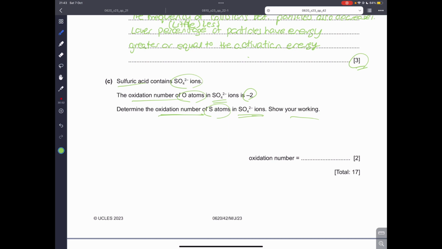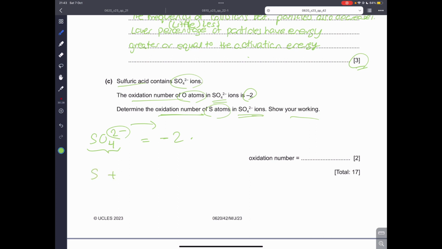Now this is really easy if you know the rules of oxidation. So we are given that the oxidation number of oxygen is -2, and for SO4 2 minus, the total when you add the oxidation numbers is going to equal the charge of the compound, which is -2. So sulfur, we don't know, so we can write S plus oxygen.